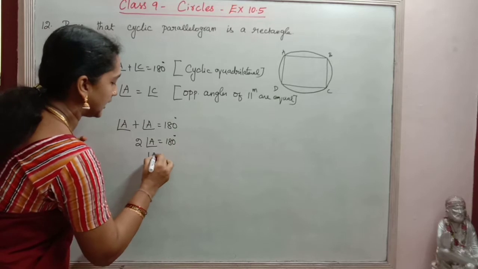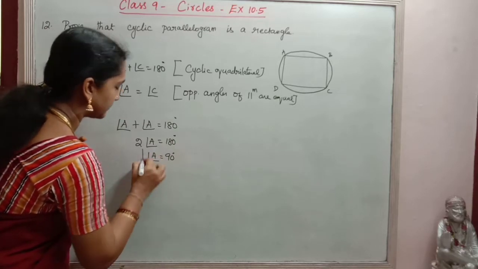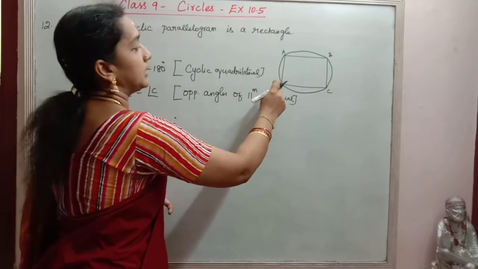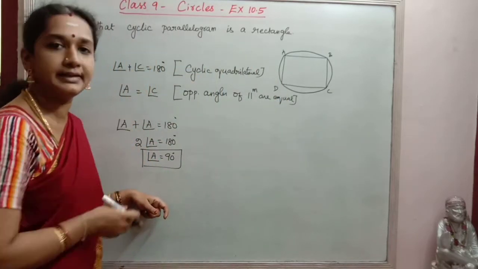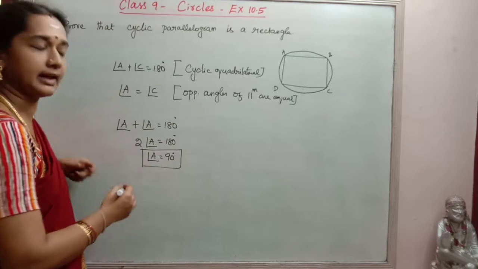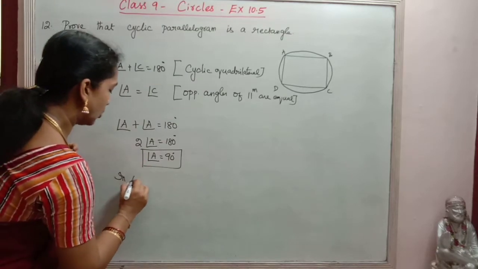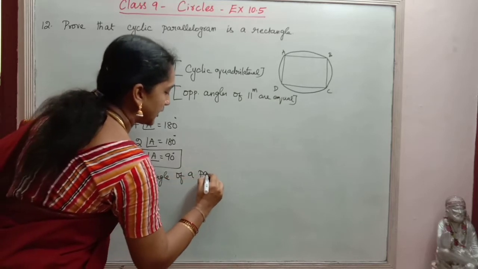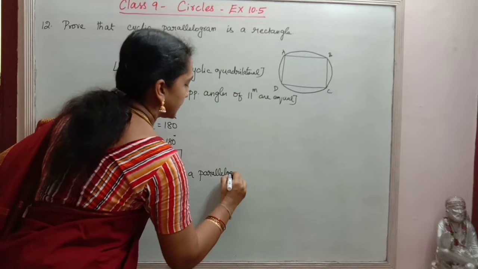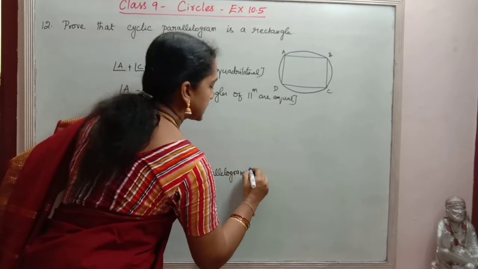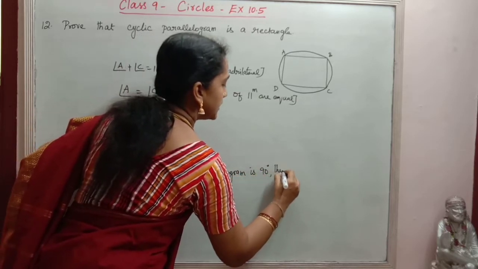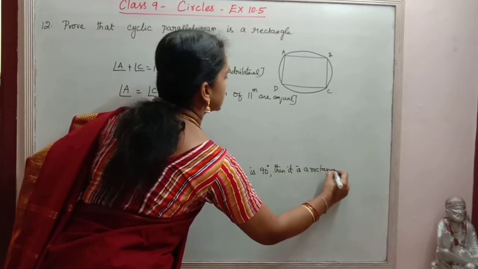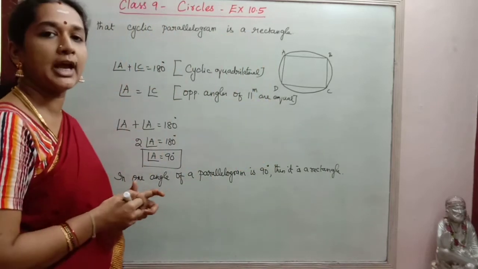So angle A is equal to 90 degrees. If one angle of a parallelogram is 90 degrees, then we can say that it is a rectangle. So that is the thing we were asked to prove. So we have proved this.